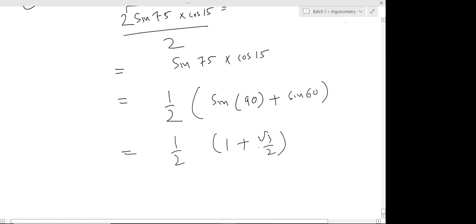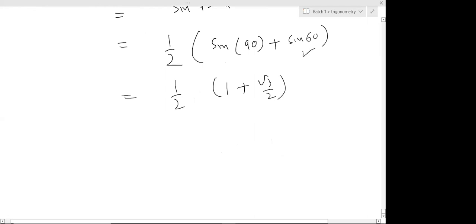No, Shavya, see, this is a very complicated answer. All right. Did you put the value for this 1 upon 2? What did you do wrong? Sir, I used 2 sine 75 cos 15 by 2, and then first one I used 2 sine A cos B. Oh, I understand, sir.